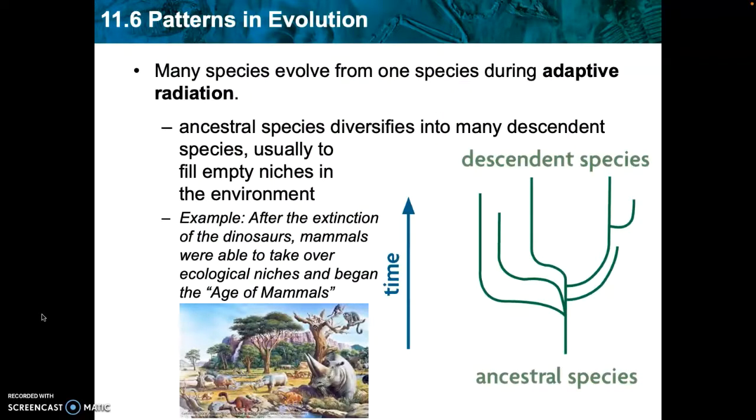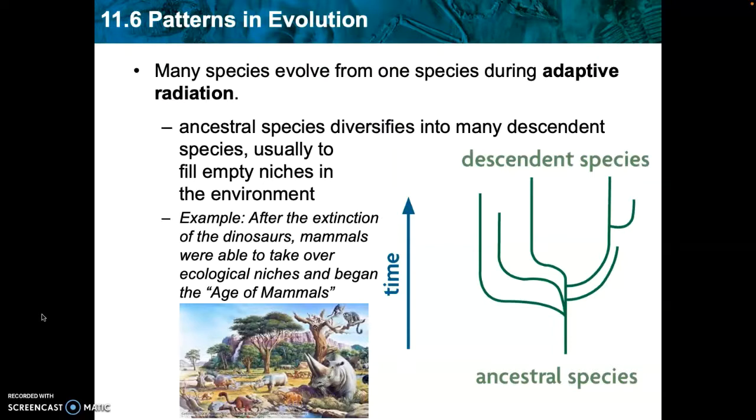Let's look specifically at that punctuated equilibrium example and what happens during punctuated equilibrium. In the process of speciation itself, species can undergo what we call adaptive radiation. Adaptive radiation is what's happening when you have an ancestral species and, all of a sudden, its descendants are diversifying into many different species, all pretty much at the same time in terms of geologic time.